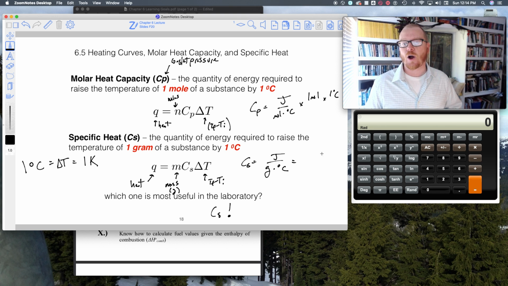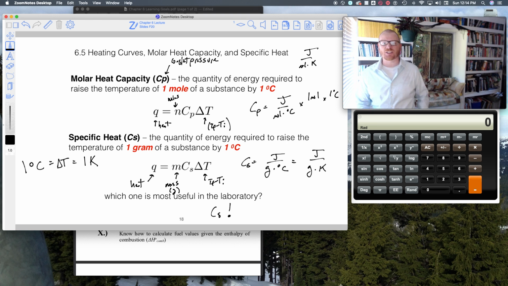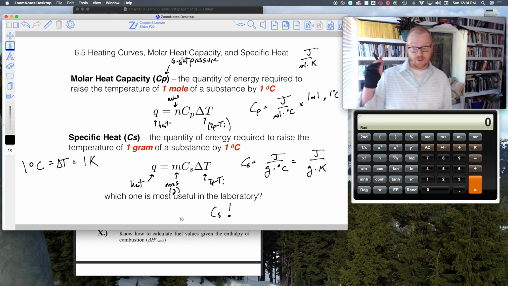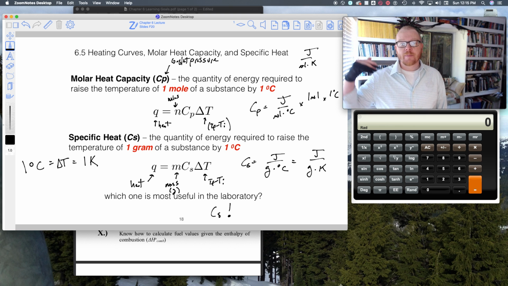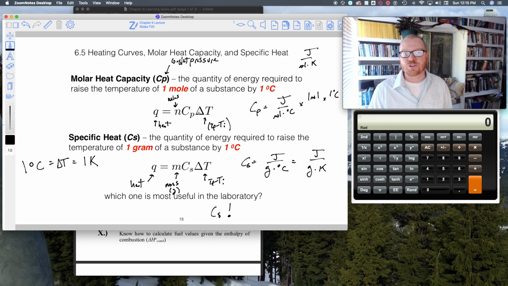So these units can also be given as joule per gram per Kelvin or joule per mole per Kelvin. So it works the same. So you could actually keep temperature in Celsius or Kelvin for this particular equation. And the reason for that is because you're dealing with the delta. You're dealing with the change in temperature. And so that's why it works out that way.